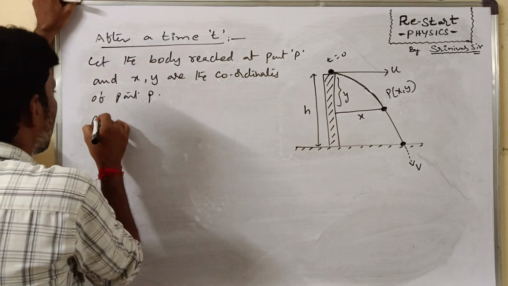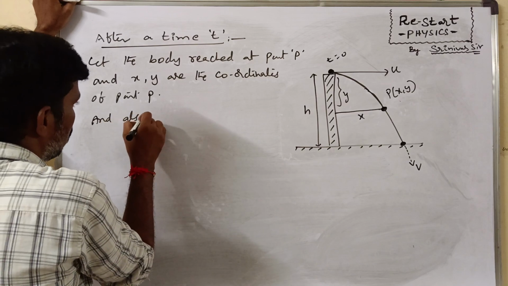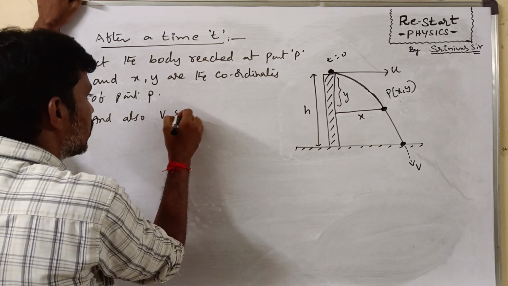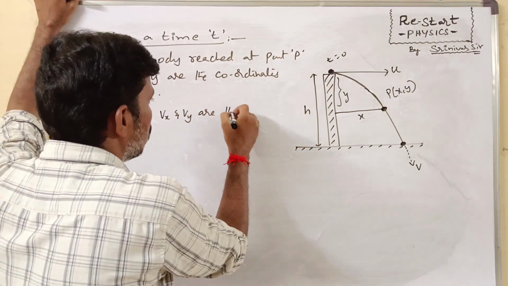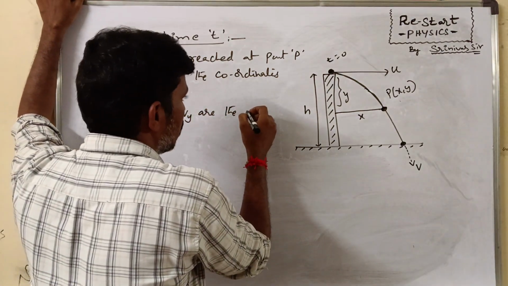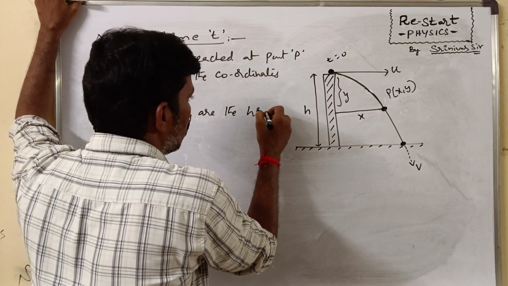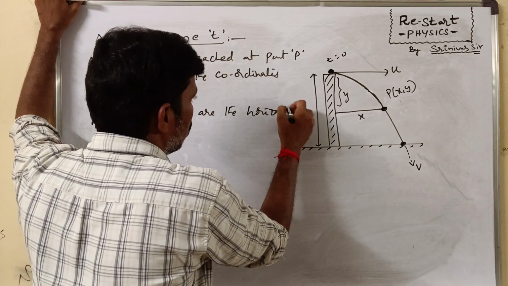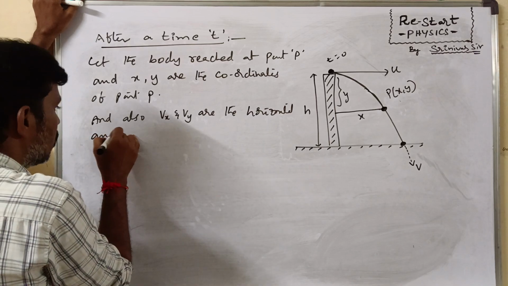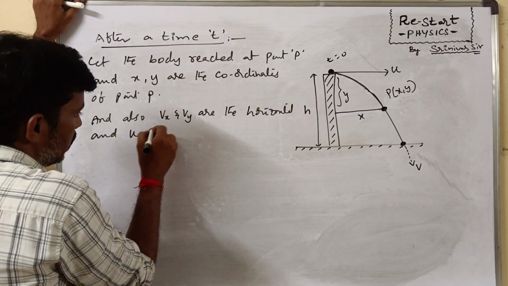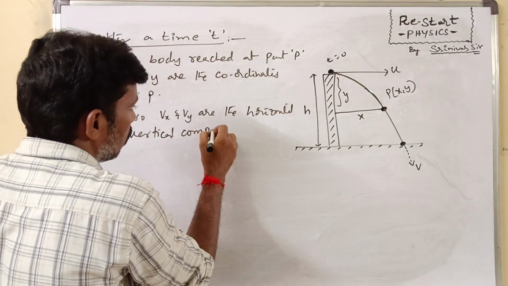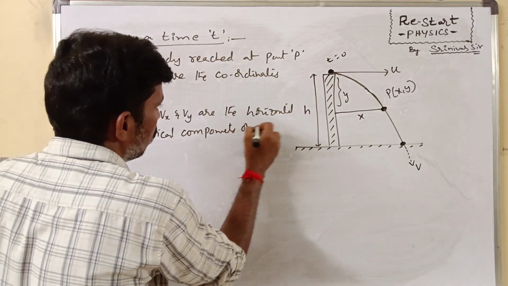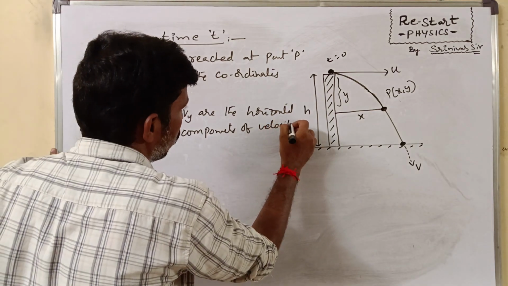Also Vx and Vy are the horizontal and vertical components of velocities.